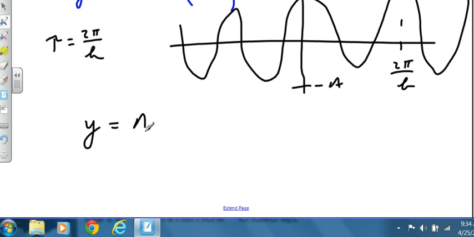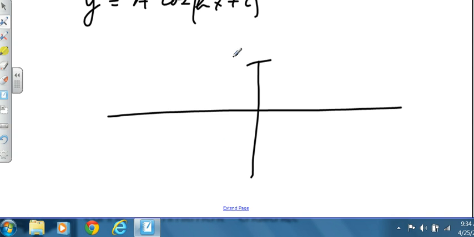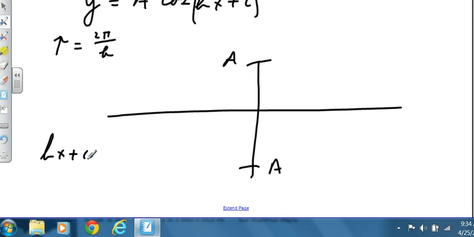Y is equal to a cosine of bx plus c. And I say, okay, well, I only make it up to a and down to minus a. My period is still going to be 2 pi over b. And now it's a matter of where is my 0. bx plus c equal to 0, x is equal to minus c over b.